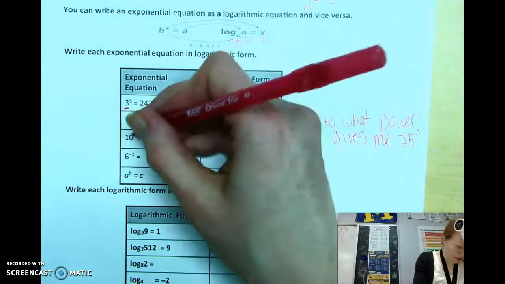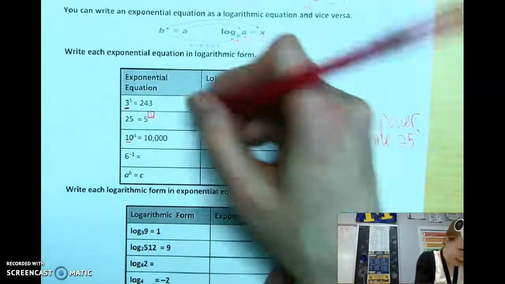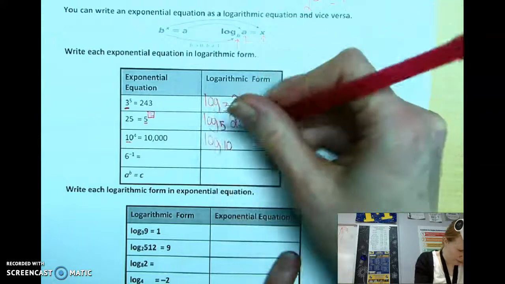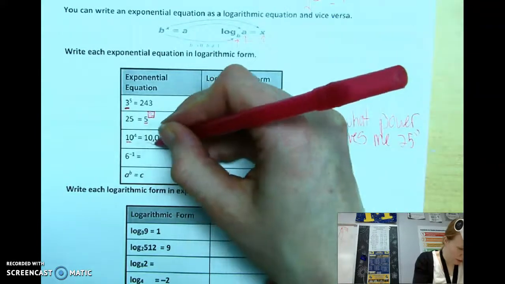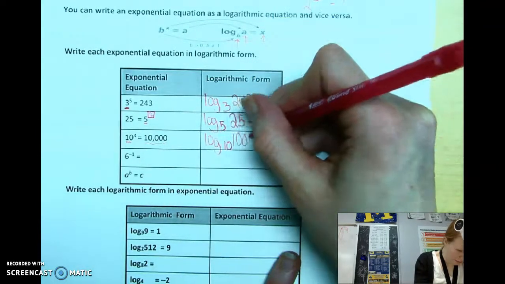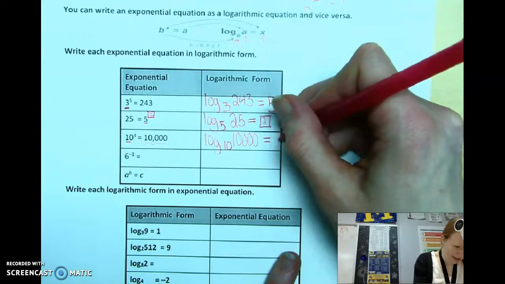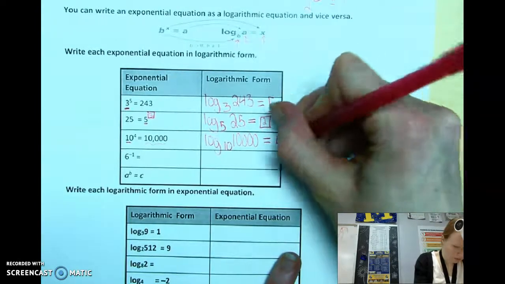So here, my base is 10, so I have log base 10. My original answer was 10,000. So 10 to what power gives me 10,000? Well, that would be 4.